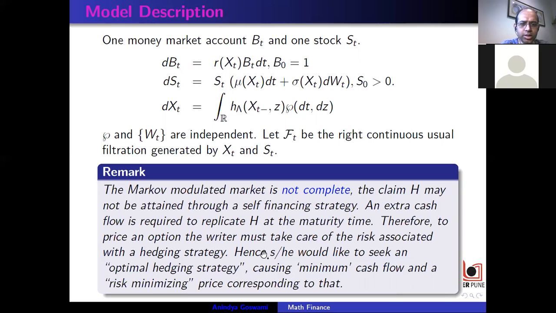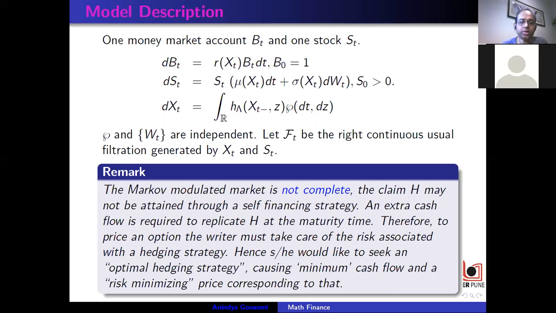To price an option, the writer must take care of the risk associated with a hedging strategy, but this risk is about putting money in or taking money out, because that essentially means that if you are a writer, you purposely need to inject money there, so that there is a loss.